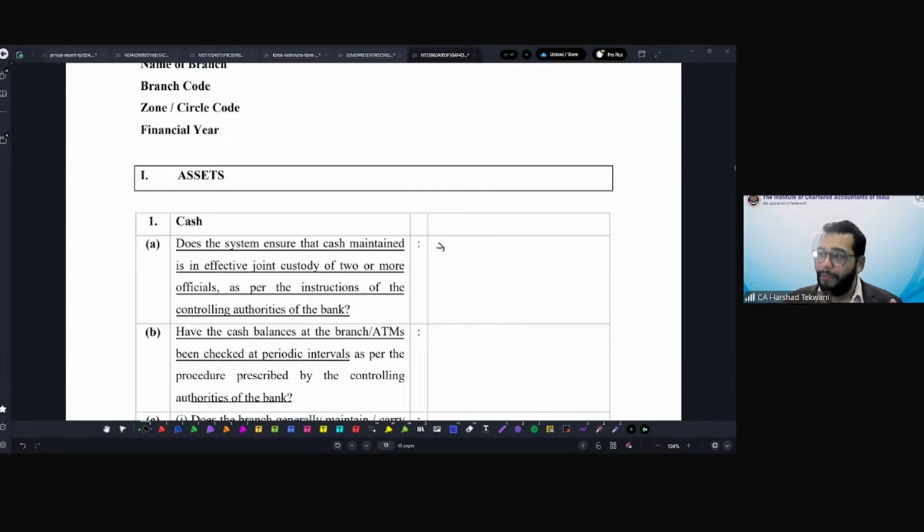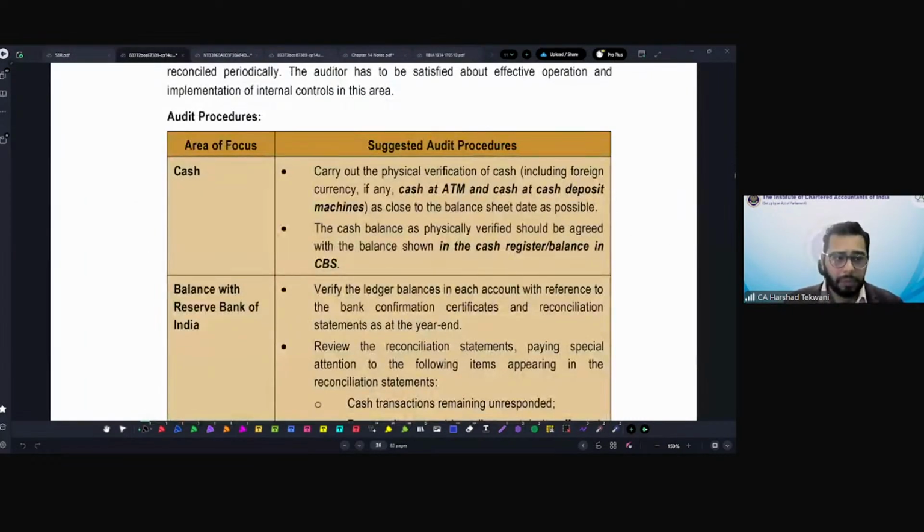And if we go to the study material, it is the same: physical verification of the cash that we discussed, cash at the ATM and the cash deposit machines, cash in the register balance and the CBS. So based on the reporting requirement, your auditing requirement also works hand in hand.